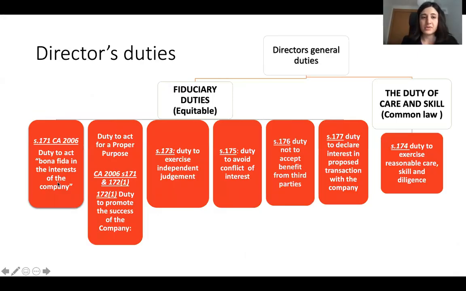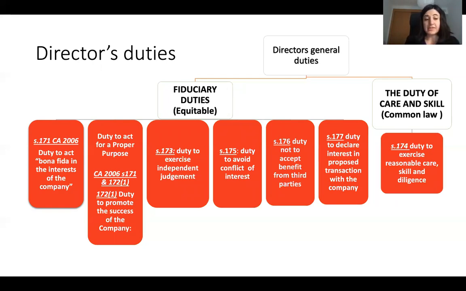Directors' duties is also another topic that will most likely come up on your exam. It's very important that you know these duties. Sections 171 to 177 of the Companies Act 2006.